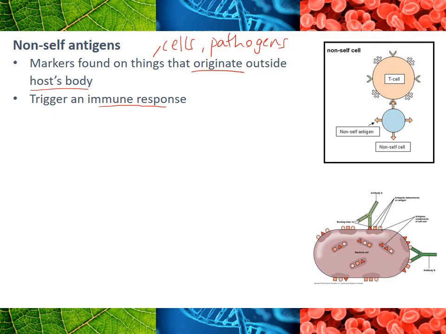If we go back to this diagram here, I'm going to put a sad face on this one because it's not a self cell. This is a bacteria, for example, that we don't want in our body. This is your T cell, so one of your immune cells. If that picks up this marker and says, I don't recognize you, you're not part of me, it will launch an immune response to try and get rid of this pathogen.